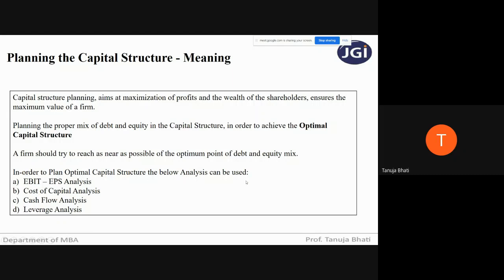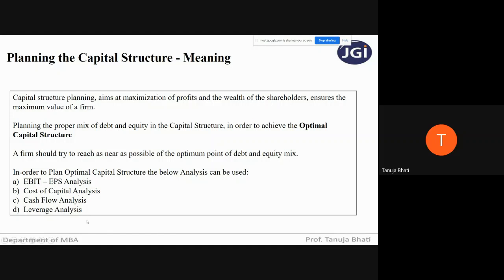See students, every company which wants to plan its capital structure cannot just plan based on its judgment or prediction, correct? It has to do a certain study before making a plan. On what basis will it do the study? It has to do analysis. With the help of EBIT-EPS analysis, it can plan; cost of capital analysis, cash flow analysis and leverage analysis.